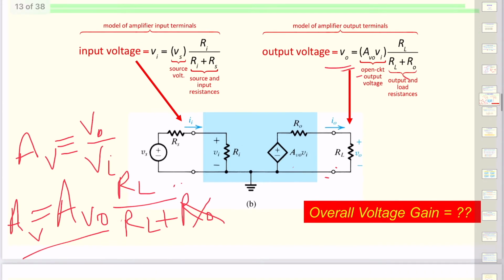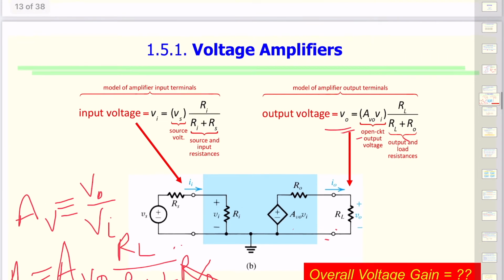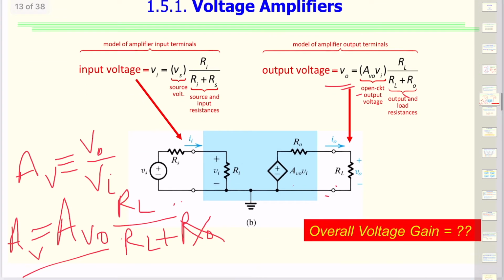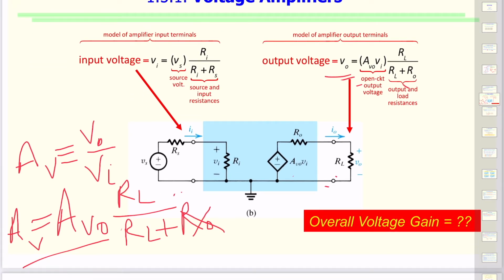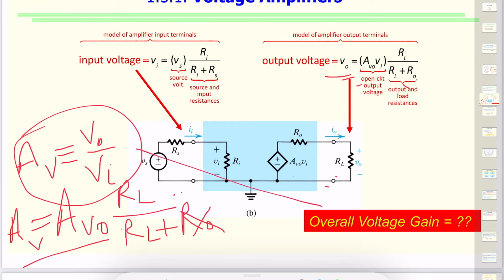All right, so now what is the overall voltage gain then? That would be written in the form of output voltage and input voltage. So that's the overall voltage gain for the whole amplifier circuit.